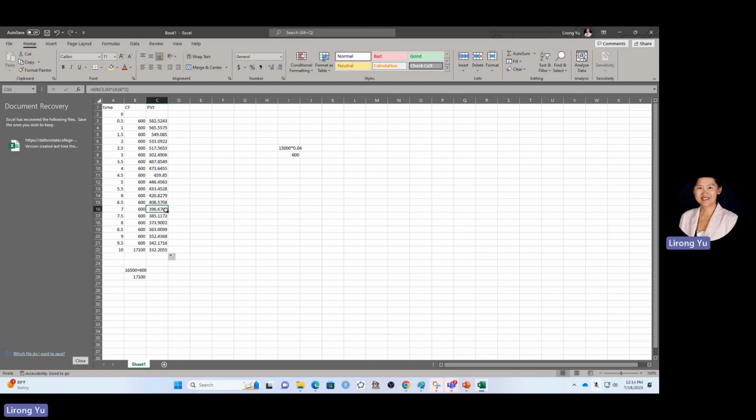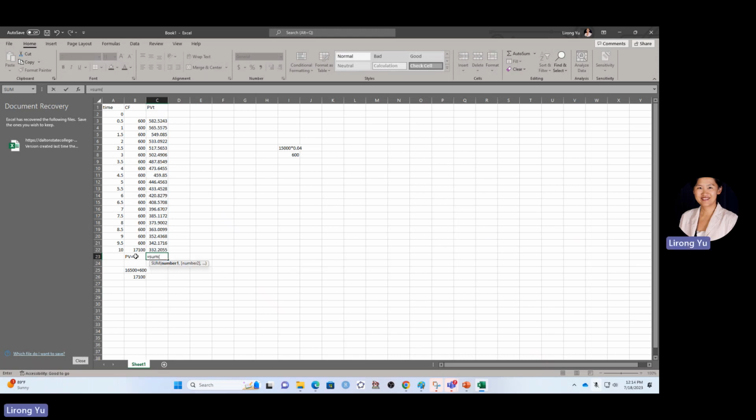We're going to discount every single one. All right, so the total present value is going to be the summation of this, the summation of the entire column.